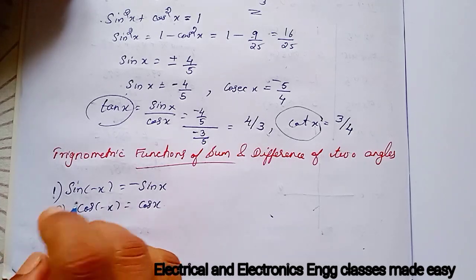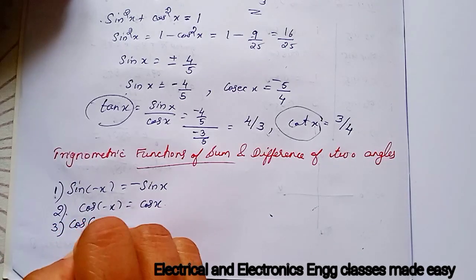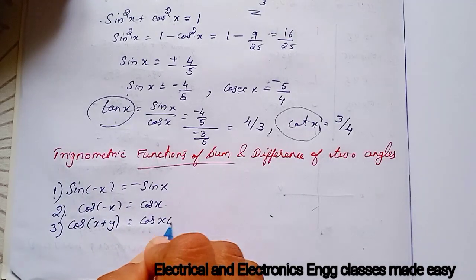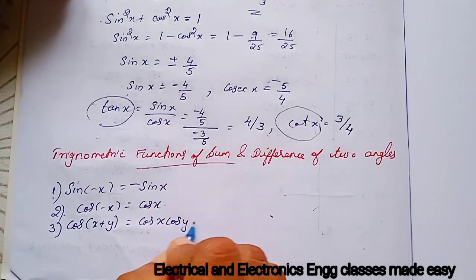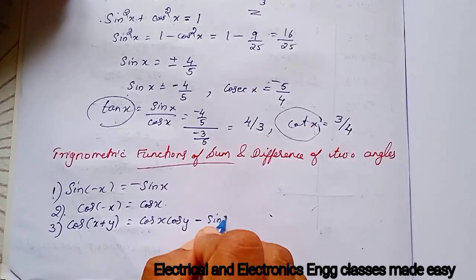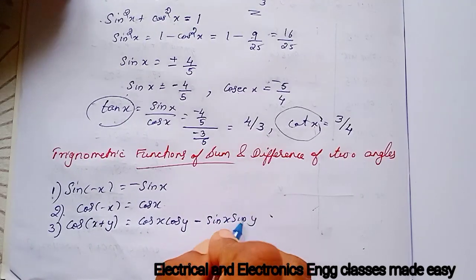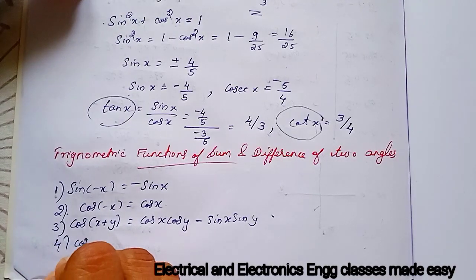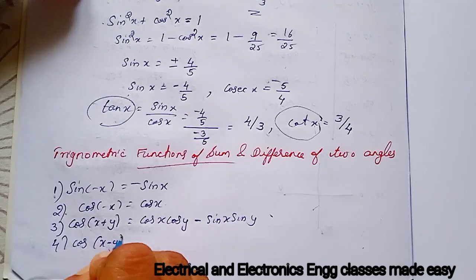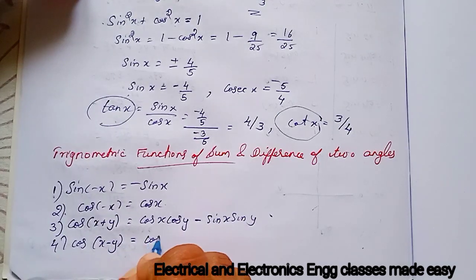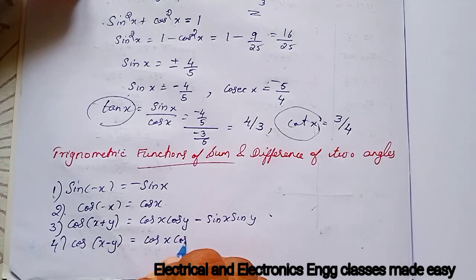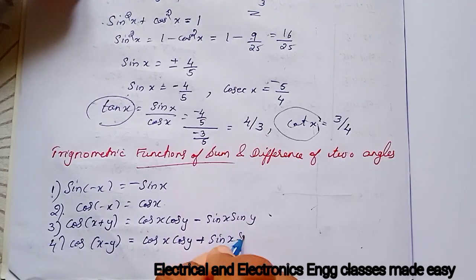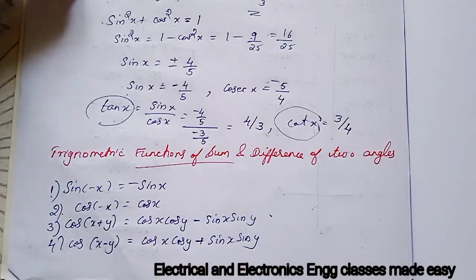And we know the identity cos of x plus y is equal to cos x cos y minus sin x sin y. Also cos of x minus y is equal to cos x cos y plus sin x sin y.